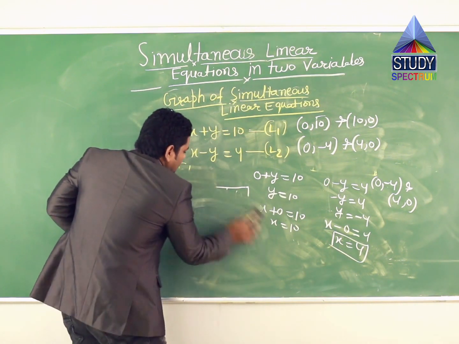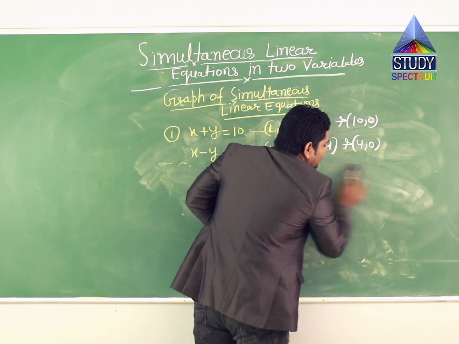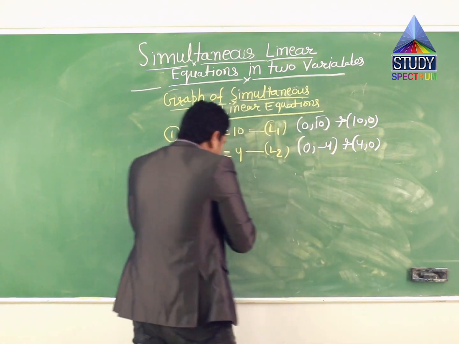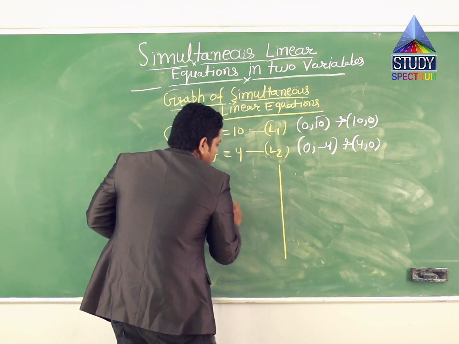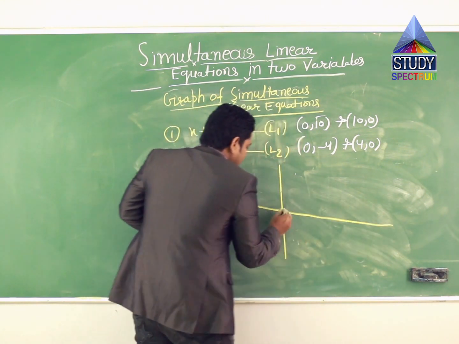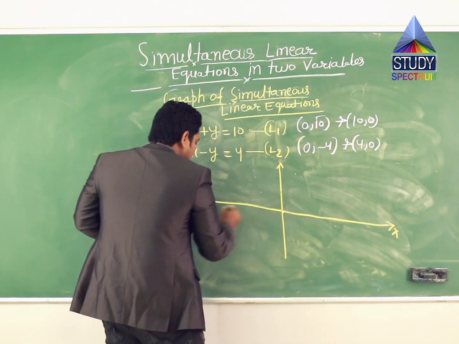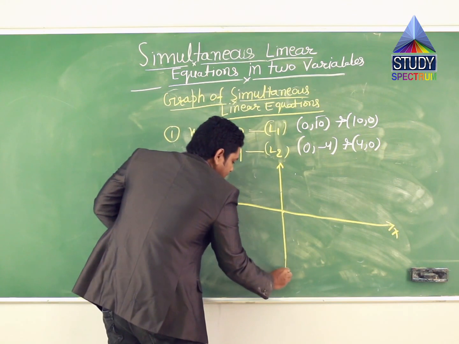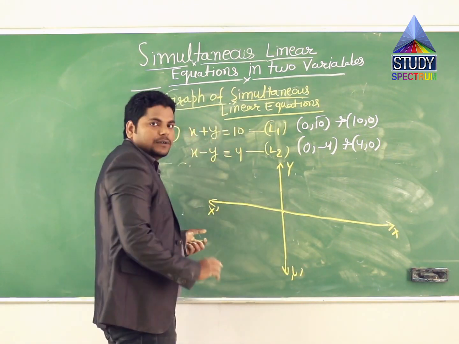Now we'll draw both of the straight lines on the same xy plane. So the xy plane is here. This is the x axis, this is x, this is x dash, this is y, this is y dash. Okay.